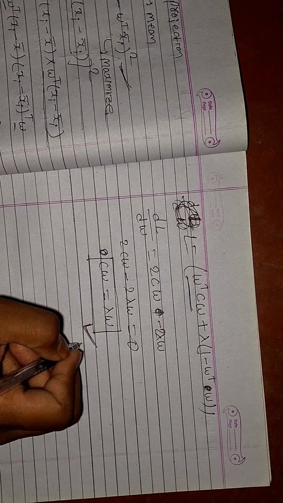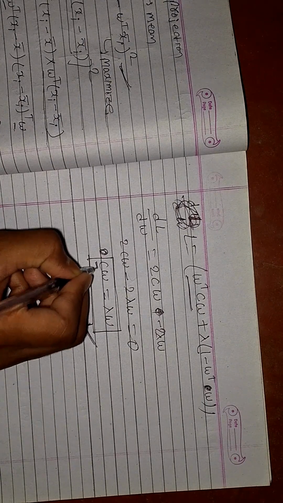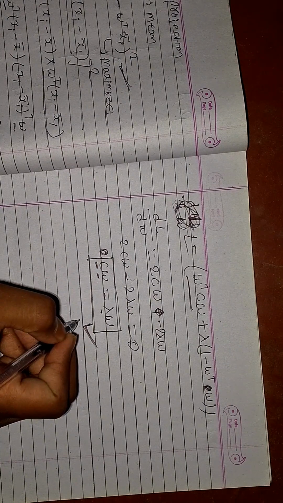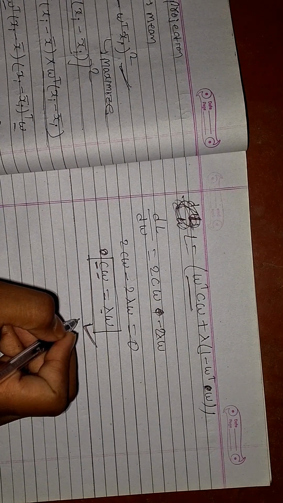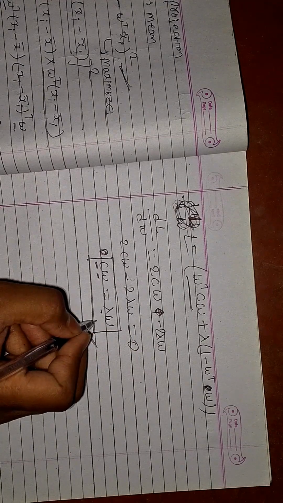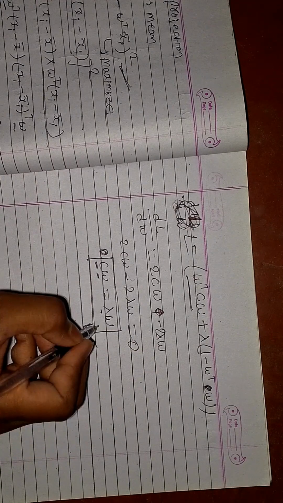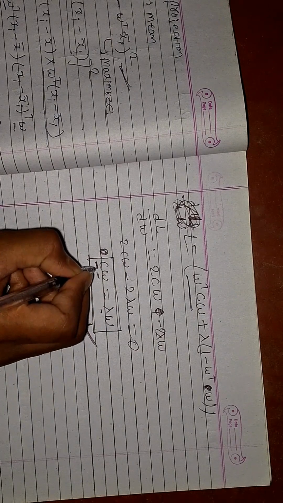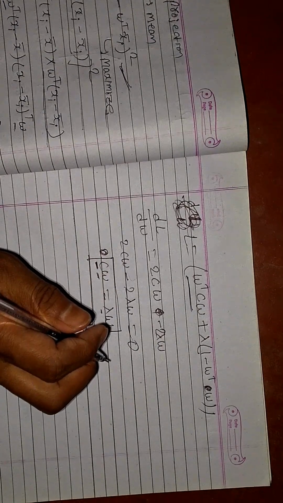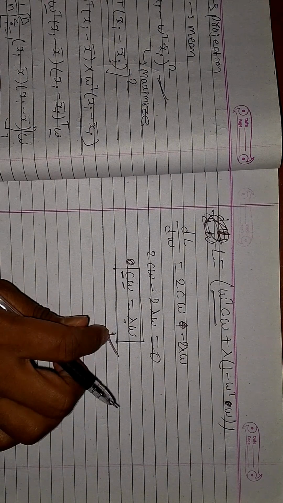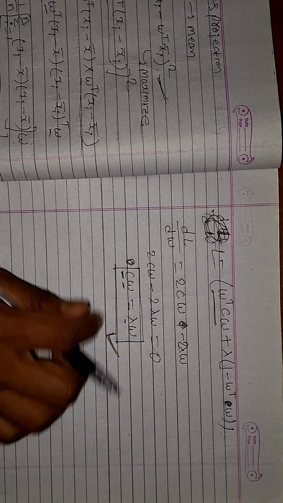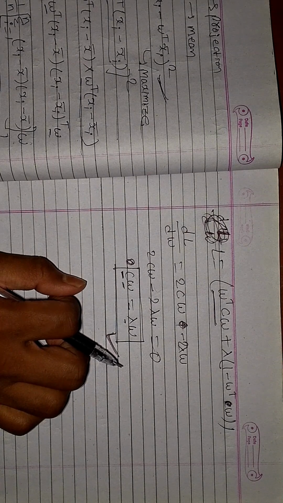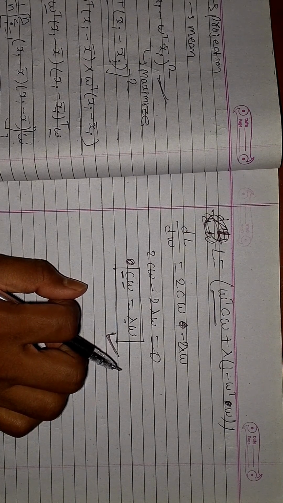C is the matrix, W is the eigenvector, lambda is the eigenvalue. You can see that W is the eigenvector and lambda is the eigenvalue of the matrix C. There will be many lambdas, so which eigenvalue are you going to pick?